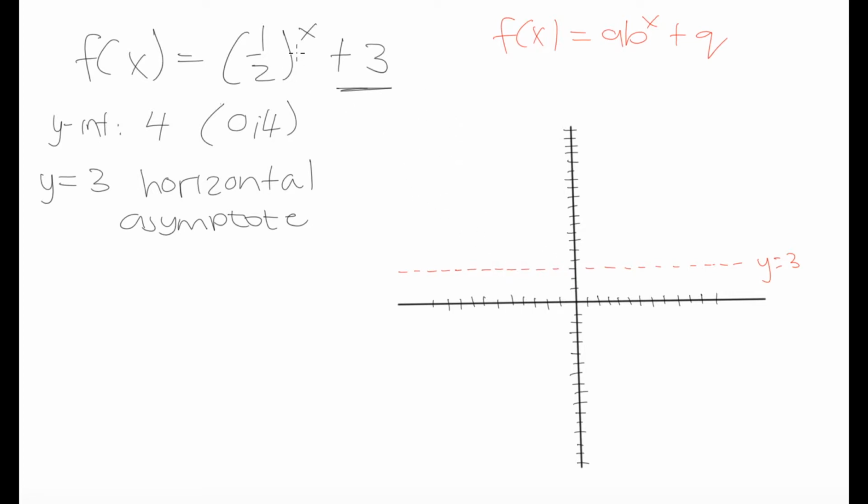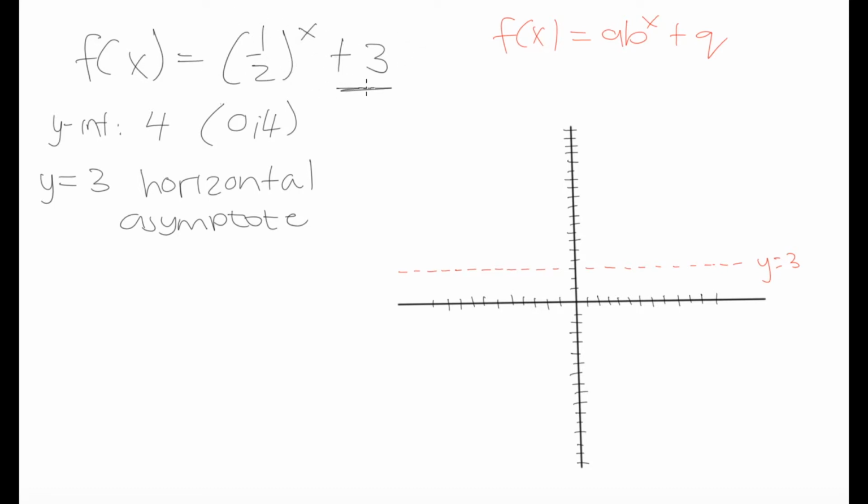On the other hand, when we go into our positive values for x on this side of the curve, this term with our x in it, this variable term, is going to approach 0 because we're going to have a fraction raised to a positive exponent, which is going to make this entire term get closer and closer and closer to 0.